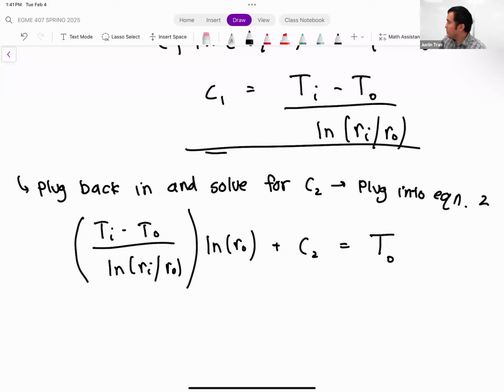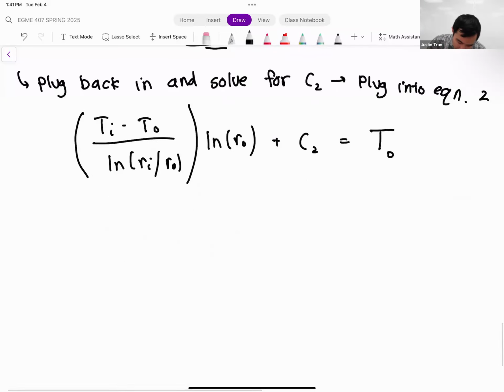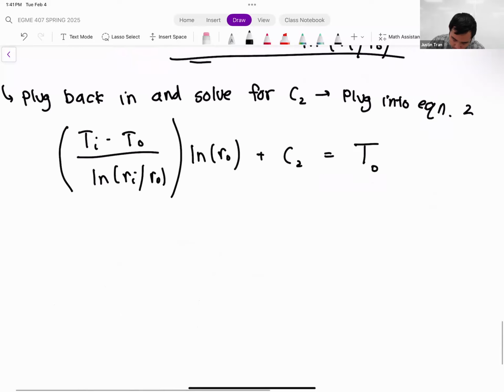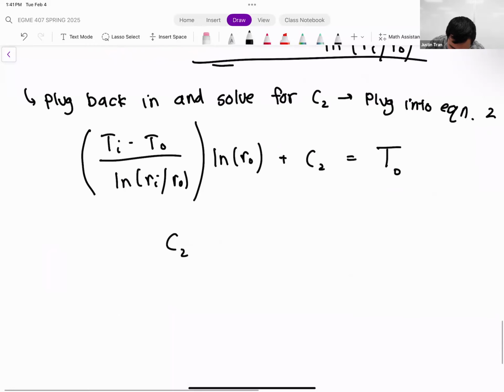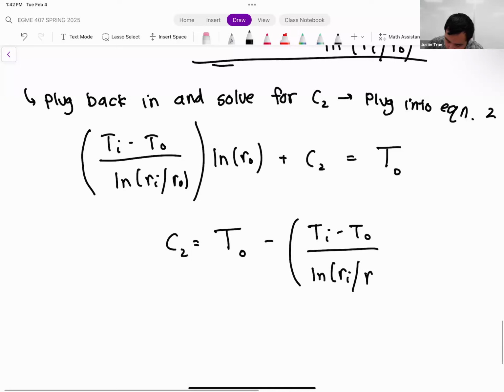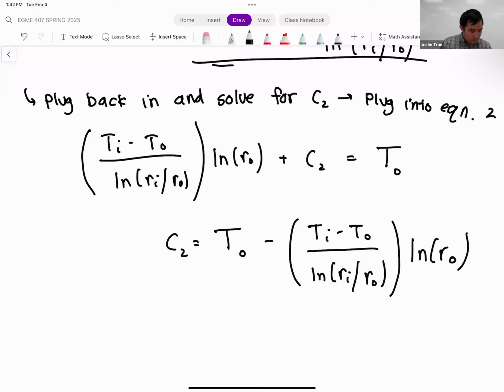Not much simplifying we can do here. And so we're just going to subtract both sides by that first term just to isolate C2. We do that, and we get C2 is equal to To minus quantity Ti minus To divided by ln of Ri divided by Ro, times ln of Ro.